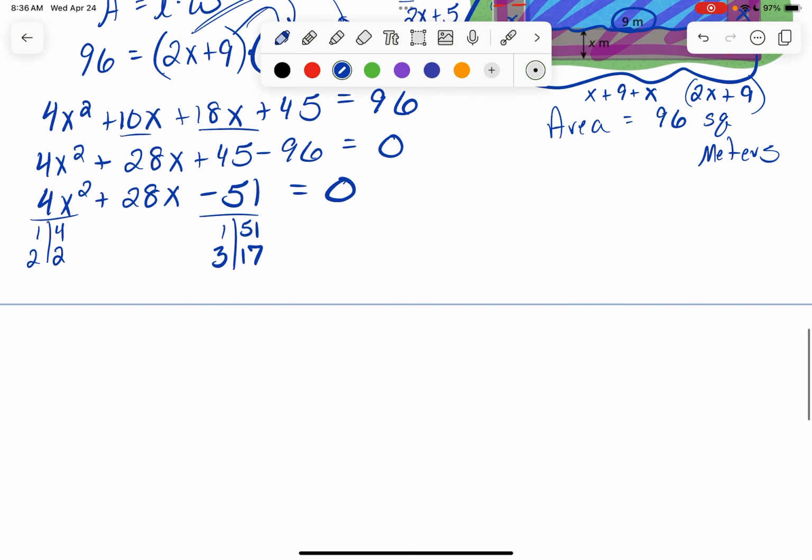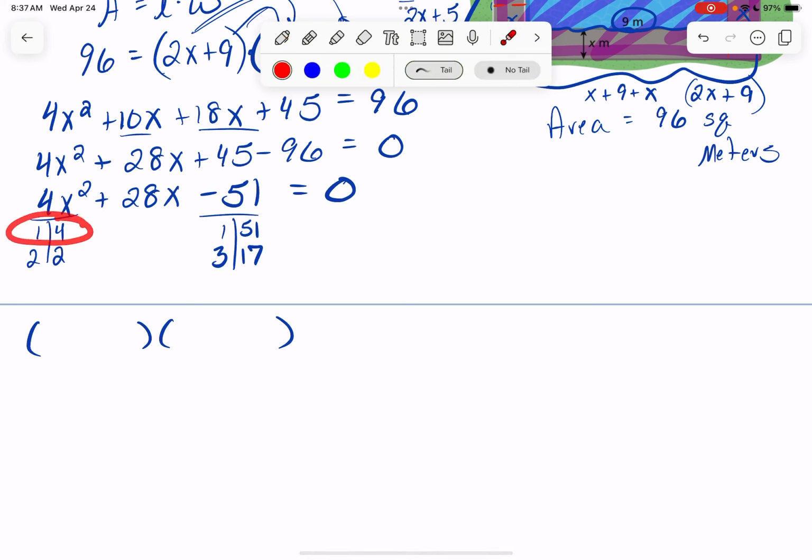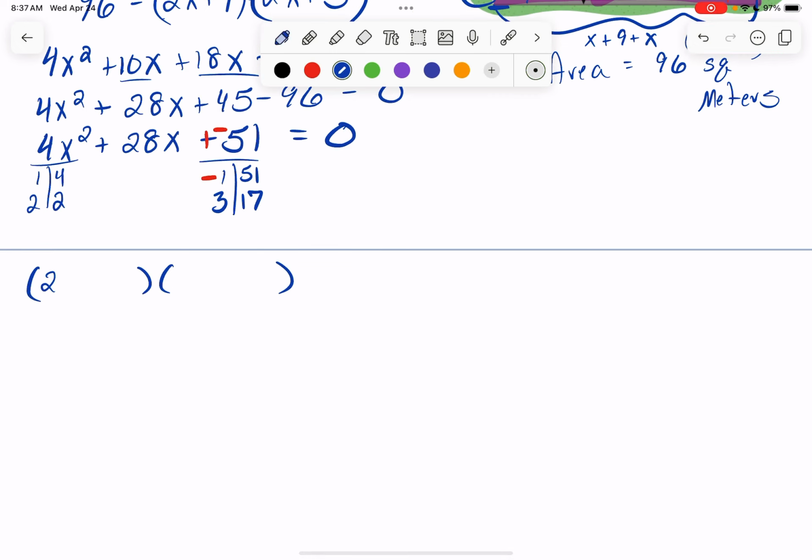Sorry if I don't have much room, I'm having to go to the second page. I don't know which one, and again, we can pick whichever one we want. You don't have to start with the first ones first. But I do know that this is a negative 51, so I have to think of the negatives. I think I'm going to start with the 2 and 2. The main reason is this number in the middle isn't very big, and multiplying by 4 might make a number too big too fast.